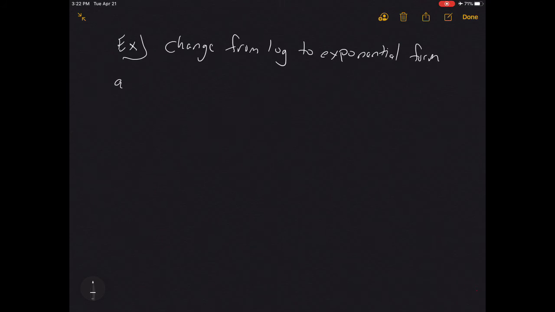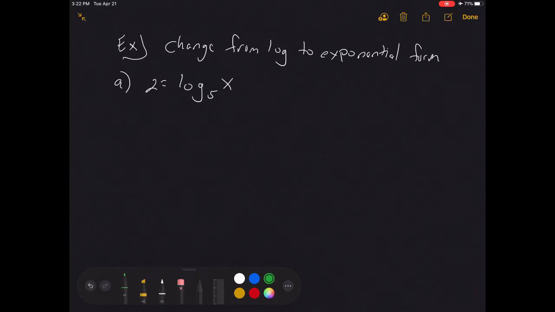So our first one here, we're going to do the equation 2 equals the log base 5 of x, or the log of x base 5. Now remember, the idea was that the pieces really match up. And this is where you really have to understand that a log is an exponent.